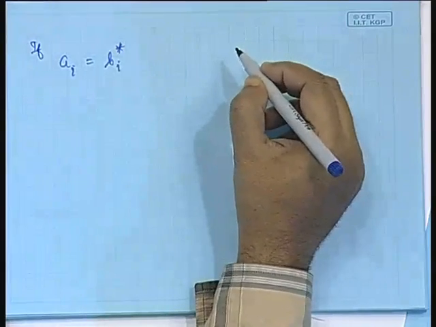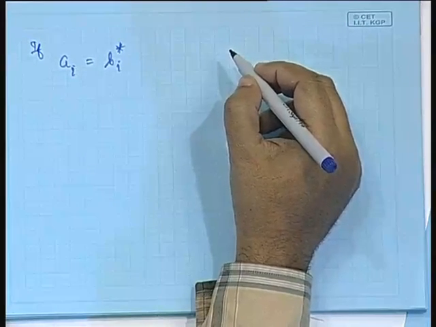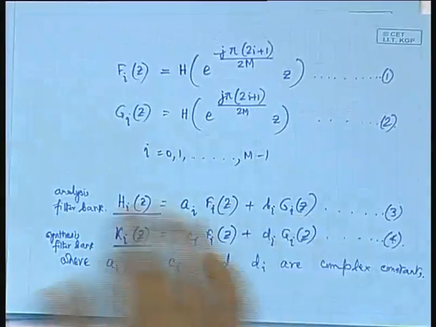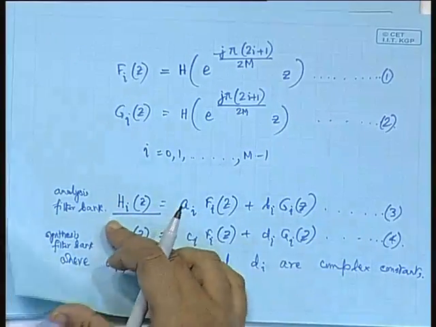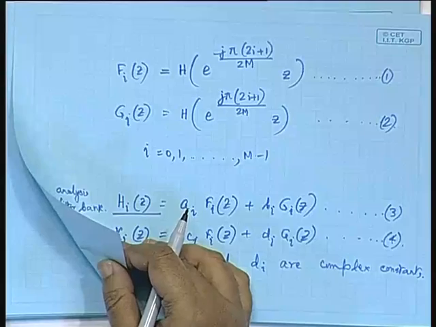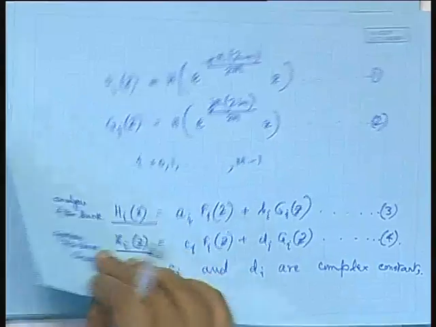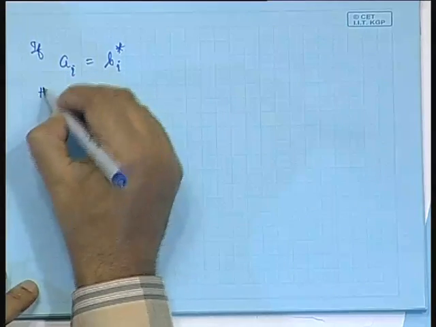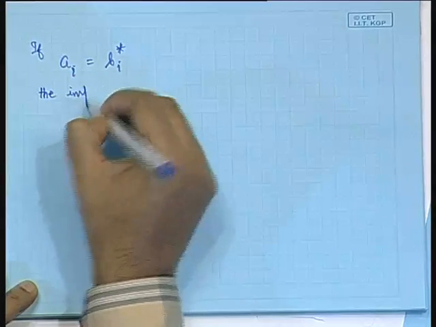So, if we choose A_i to be equal to B_i star, in that case the impulse response of H_i happens to be real.